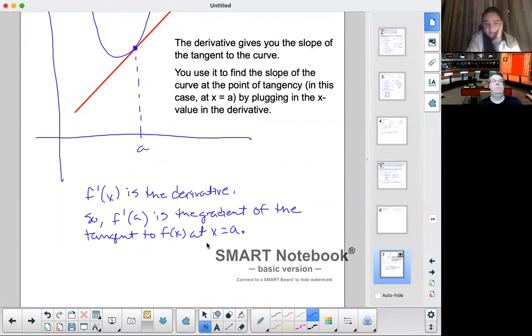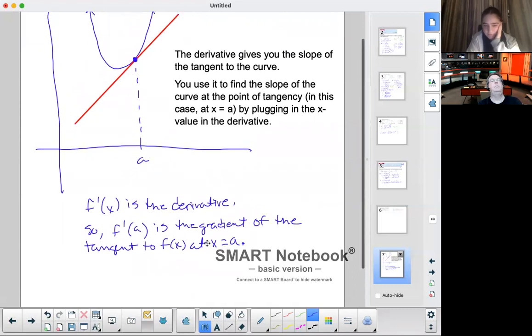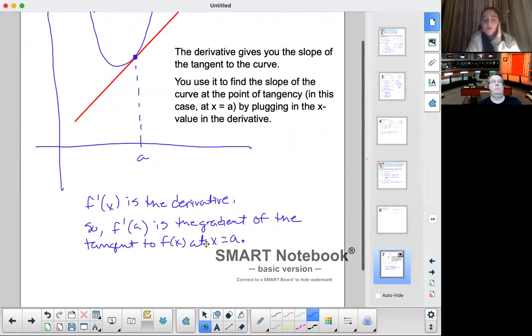So you plug the x value into the derivative of the function, and that gives you the slope of the tangent at that point. It can be used for every single tangent line: as long as I know the x value in question, plug it in, and that's the slope.